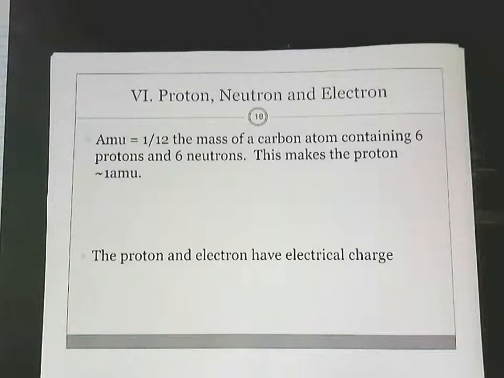All right, so by definition, an atomic mass unit is 1/12 the mass of a single carbon atom that contains 6 protons and 6 neutrons. So if I know that a proton is equal to a neutron in terms of mass, I have 12 mass things, right? So if I have 6 protons, 6 neutrons altogether, I have 12 AMUs, which means each proton's worth 1 AMU, which you guys probably already knew, but I thought I'd cover it again.